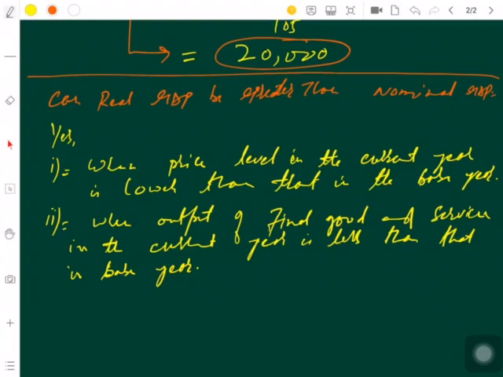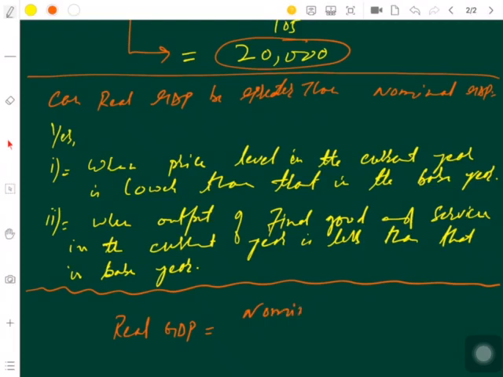Dear students, I'll write it here, this is additional for you: real GDP is equal to nominal GDP, the GDP calculated on the basis of current year prices, divided by price index, multiplied by 100. You know what price index is because you had a full-fledged unit last year in statistics for economics on index numbers.